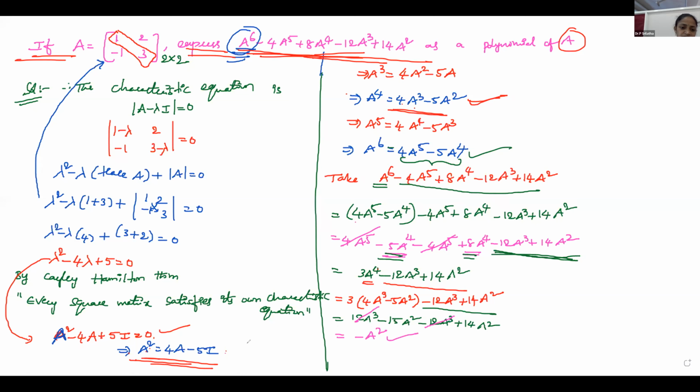A square is 4a minus 5i. So minus of this is minus 4a plus 5i. Therefore this is our required polynomial, in terms of a, right? Yes, also a most important question.